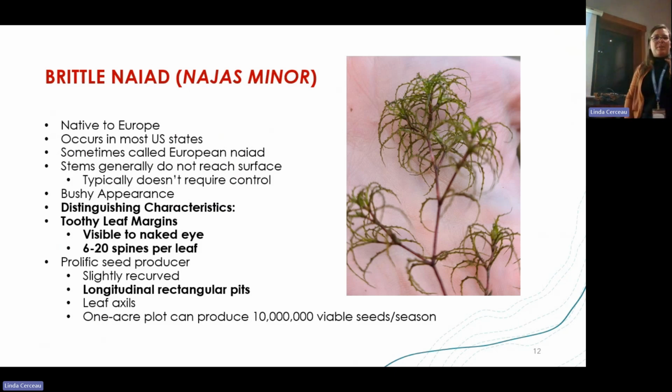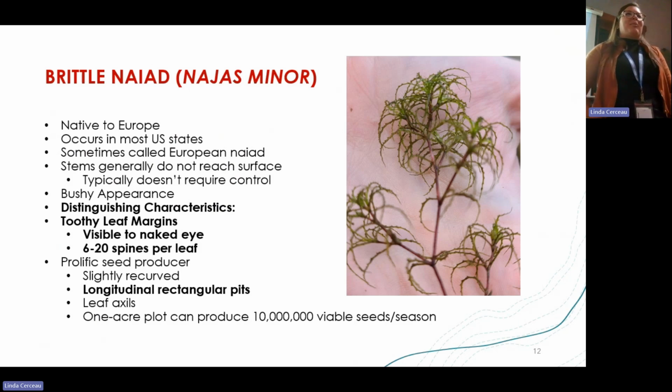This one is a prolific seed producer, so tucked in the axil area where the stem is, you'll see those seeds to help further with your identification if you really want to make sure that it is brittle naiad. And a 1 acre plot can produce 10 million viable seeds.